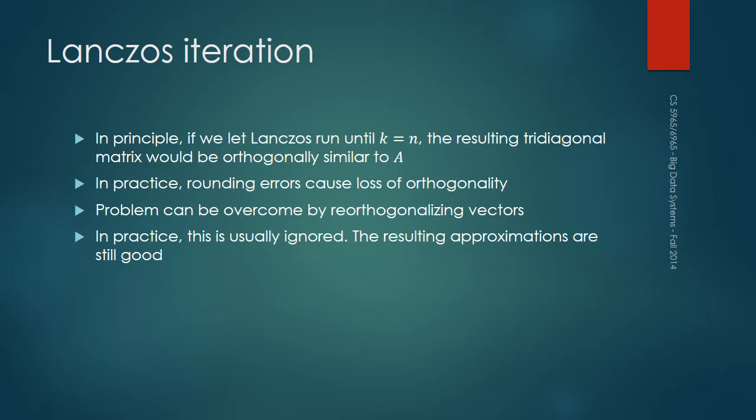So rounding errors can cause a loss of orthogonality. You can re-orthogonalize if it makes a difference, although in practice you can ignore it because the resulting approximations are still reasonably good for what you want.